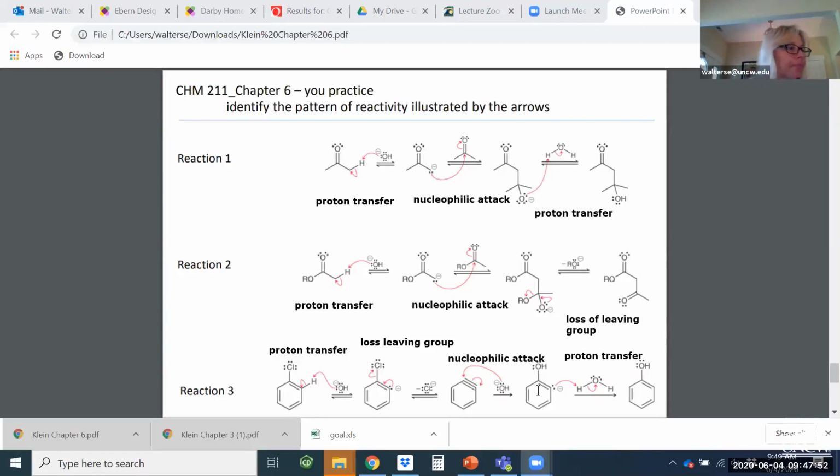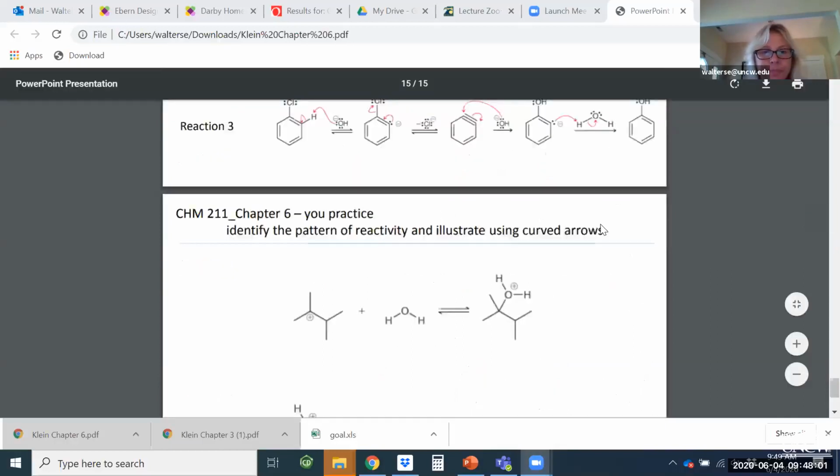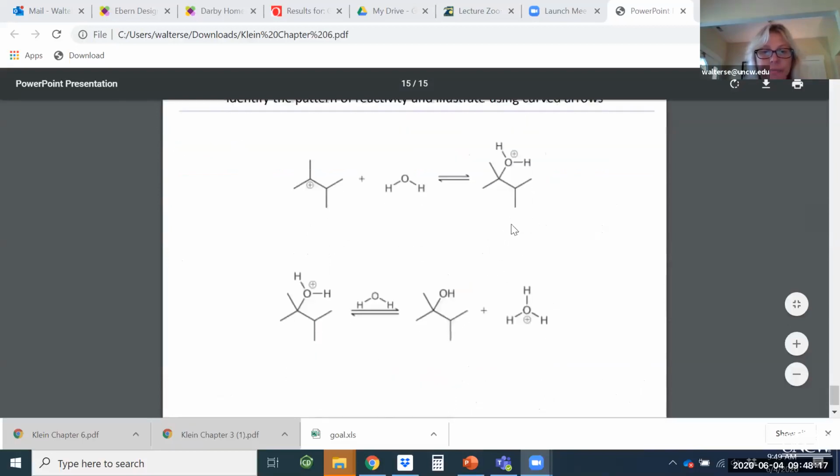Okay. All right. The last one I want you to practice is this slide, where you're shown the reactant, the conditions, what you make. So I want you to draw arrows on these two species so that you can make this.